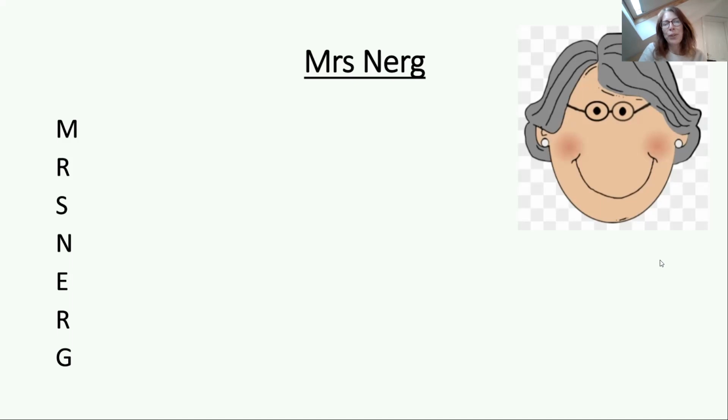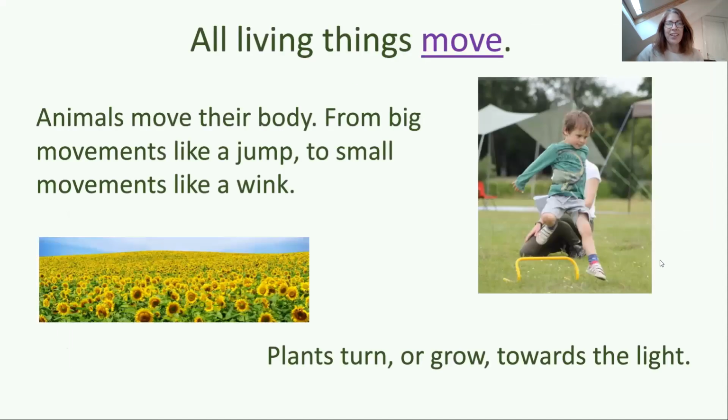I wonder if you can make a prediction on what the rest of those letters are actually going to stand for. Might be something you want to think about before we move on any further. Okay. So we're going to go through these now, and then you will find out what each of the 7 life processes are.